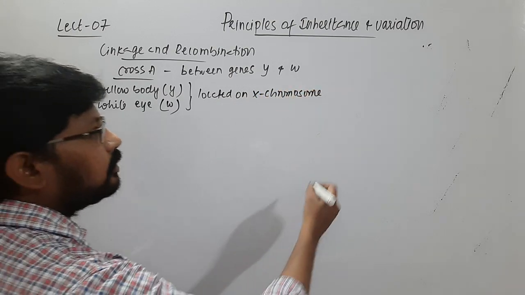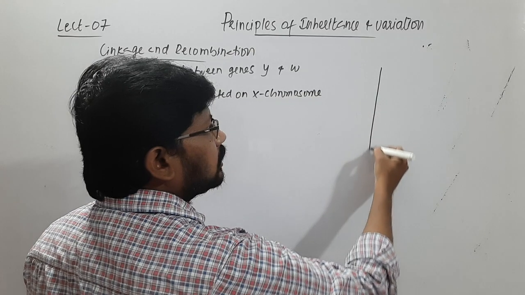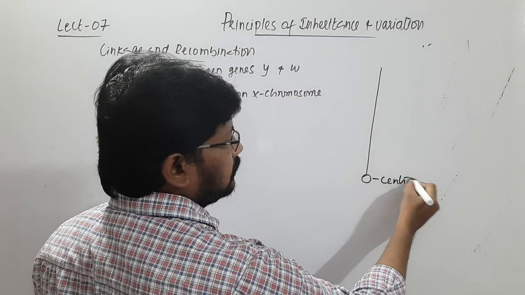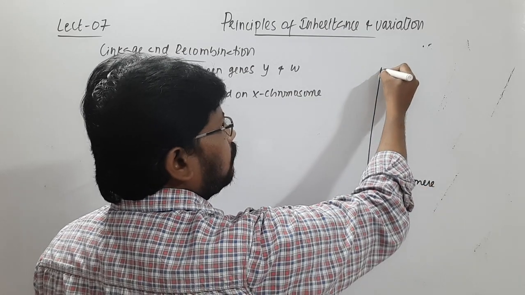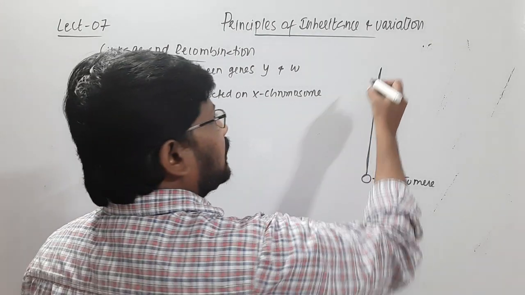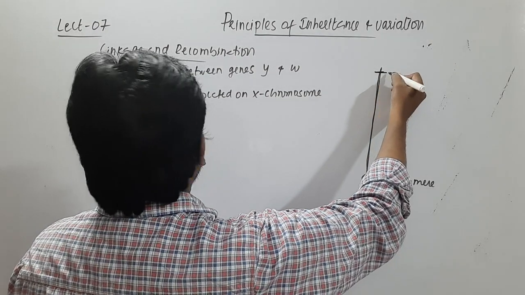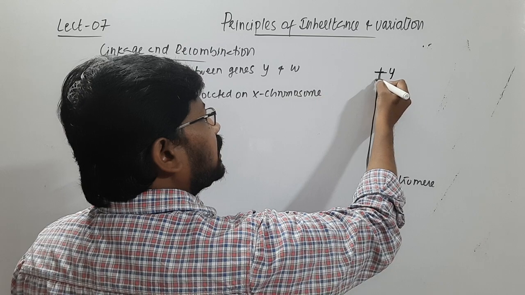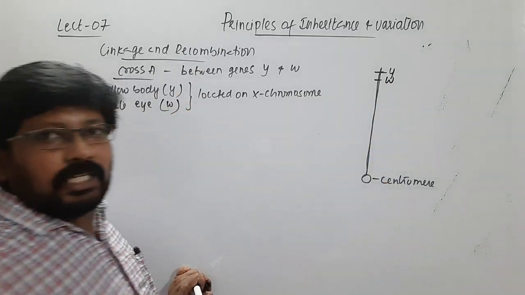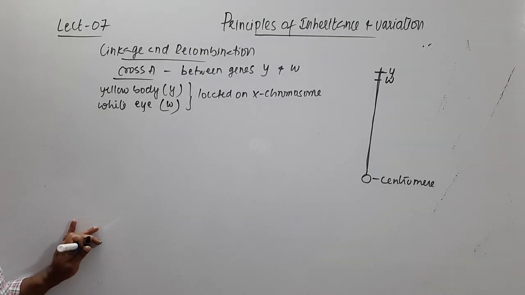Here I take the X chromosome, this is the centromere, here is the location of yellow body, and immediately after that is W. It means yellow and white are present very close to one another.